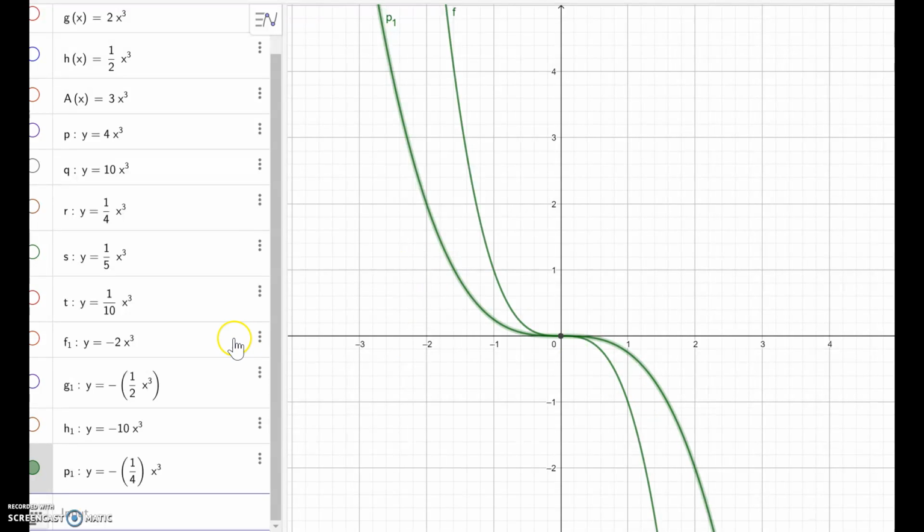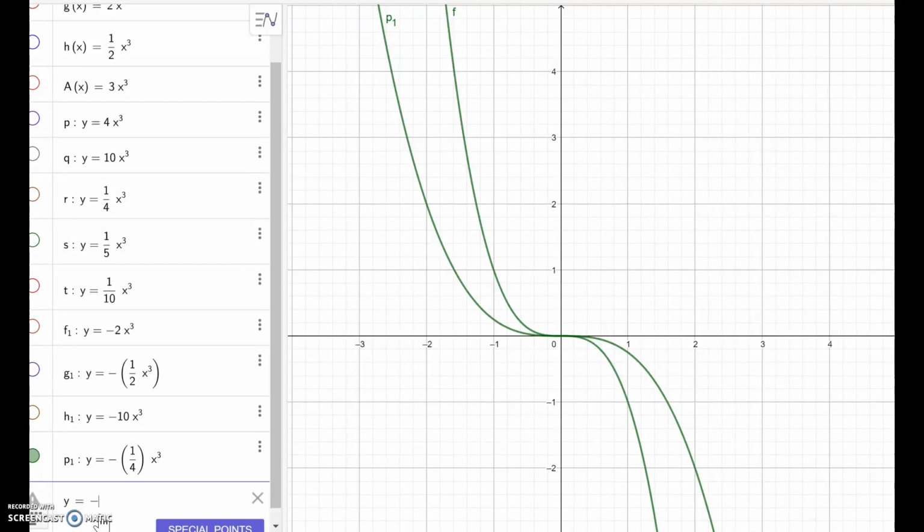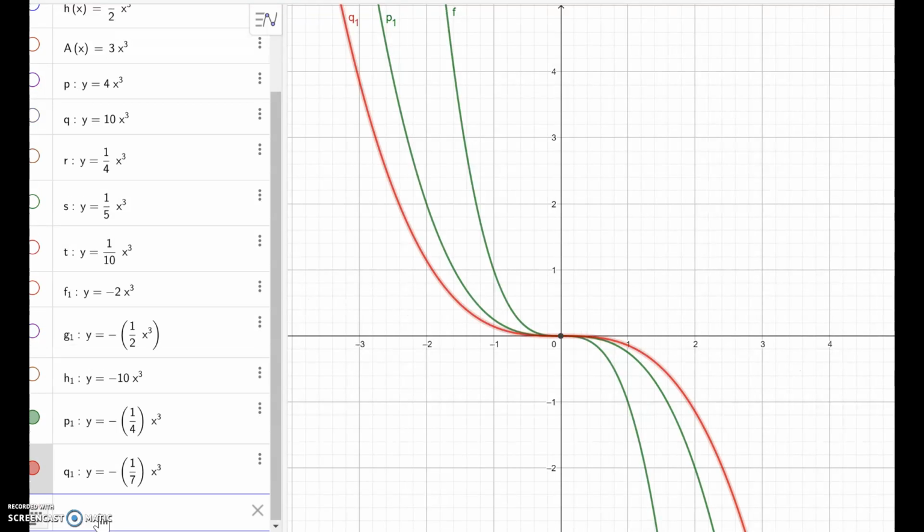It got wider here, right? So let me make one more, negative 1 over 7 x to the cubic power, then it got much wider compared to the y equal to negative x cubed graph.